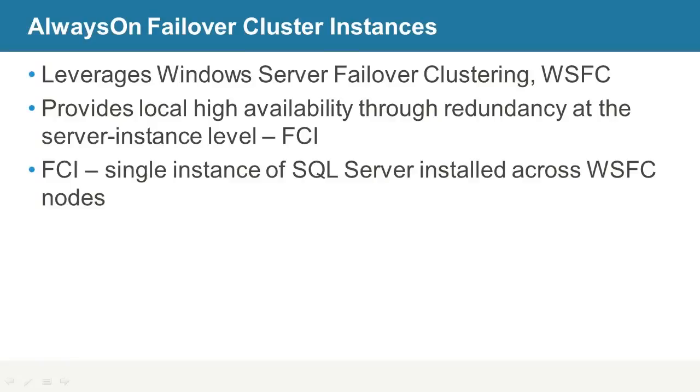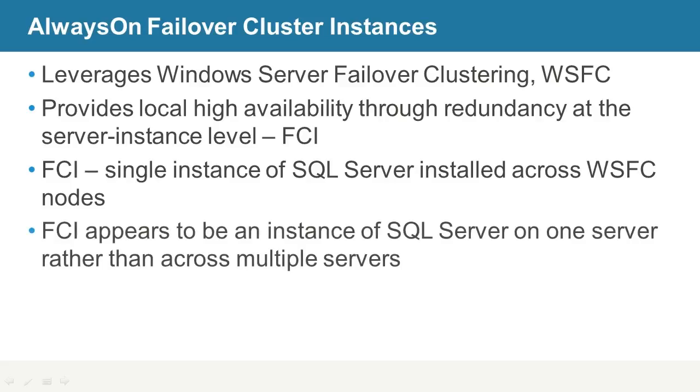With FCI, you have a single instance of SQL Server installed across Windows Server failover clustering nodes. So you have several servers, and each one of them is a node in the cluster. Each instance that gets installed then appears to be an instance of SQL Server on one server, rather than across multiple servers.